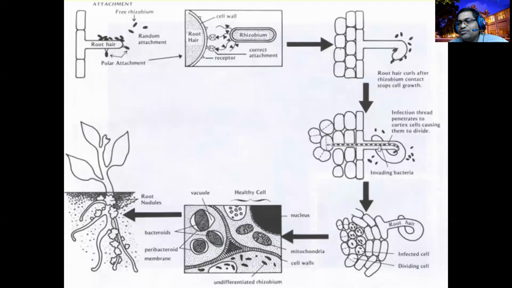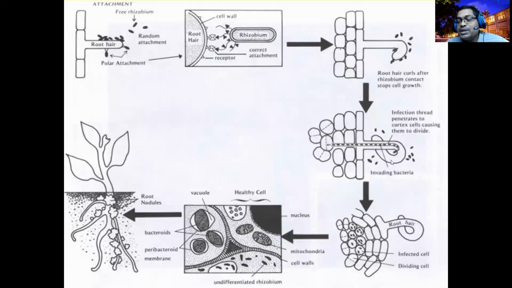If the root hair curls, the bacteria will be trapped in between. Right? Bacteria will be trapped. Then the bacteria will penetrate and will transfer its DNA.